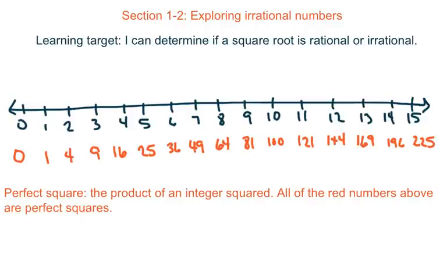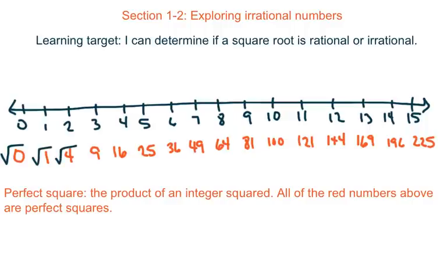Now what we're going to do is take the square root of each of those red numbers, and the result will be the numbers in black above them. The symbol for square root looks like this. So the square root of 0 is 0. The square root of 1 is 1.